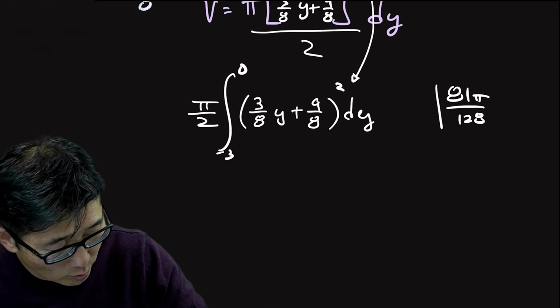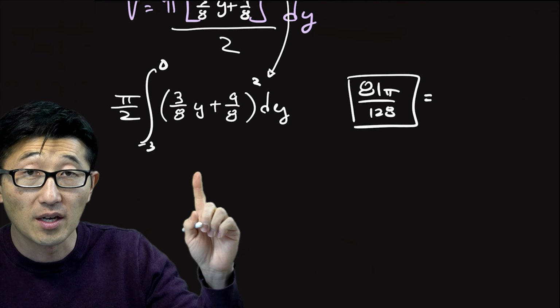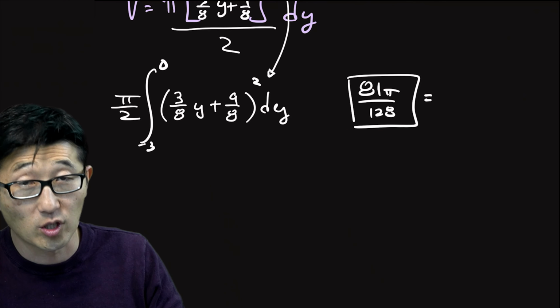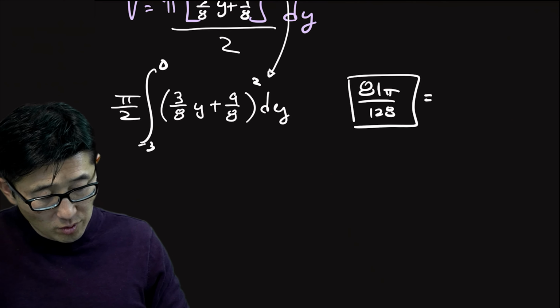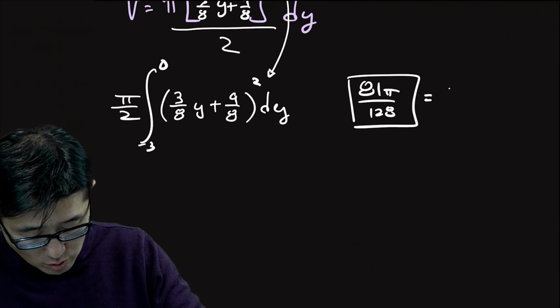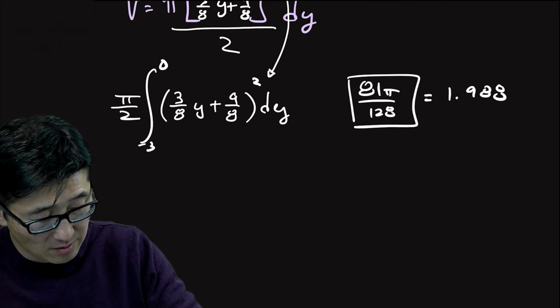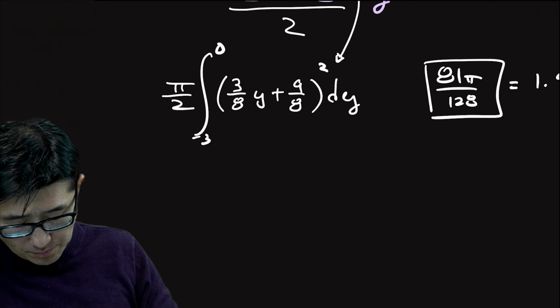And so what we're going to do is get the decimal approximation of this actual answer and see if this yields the decimal approximation using our calculator. So what's 81 pi over 128? It's 1.988. Okay, so our goal is to get that. All right, so let's type this in.